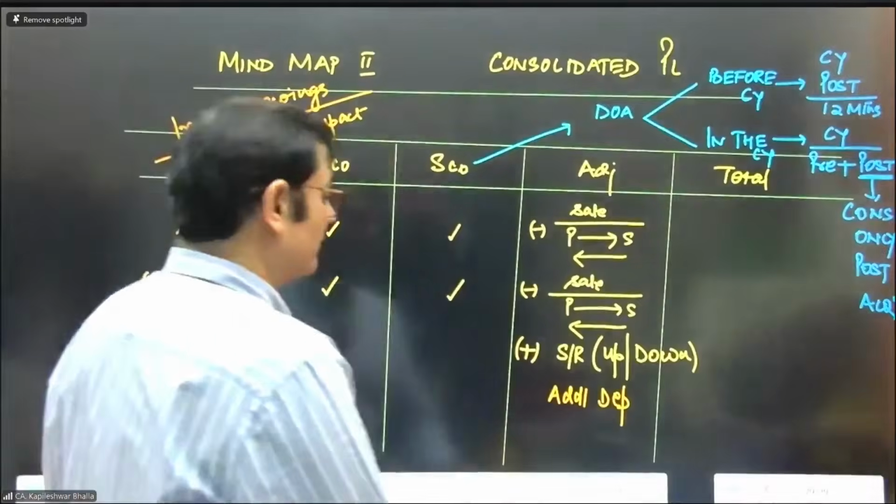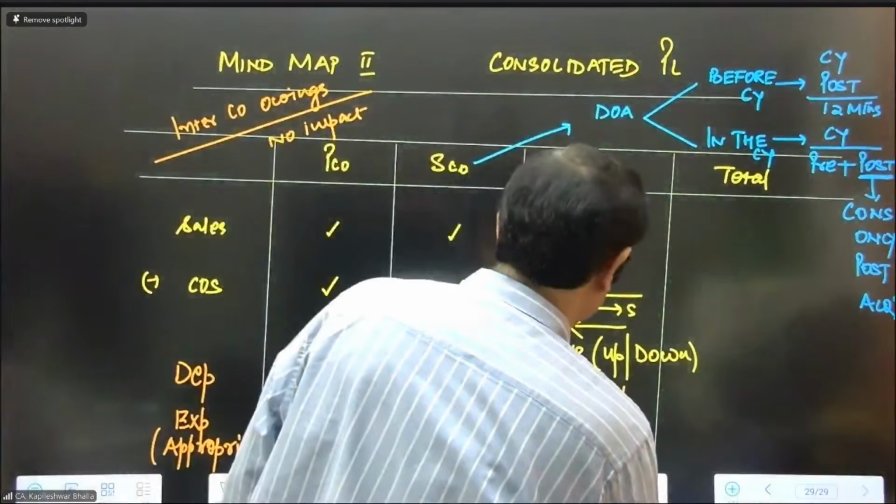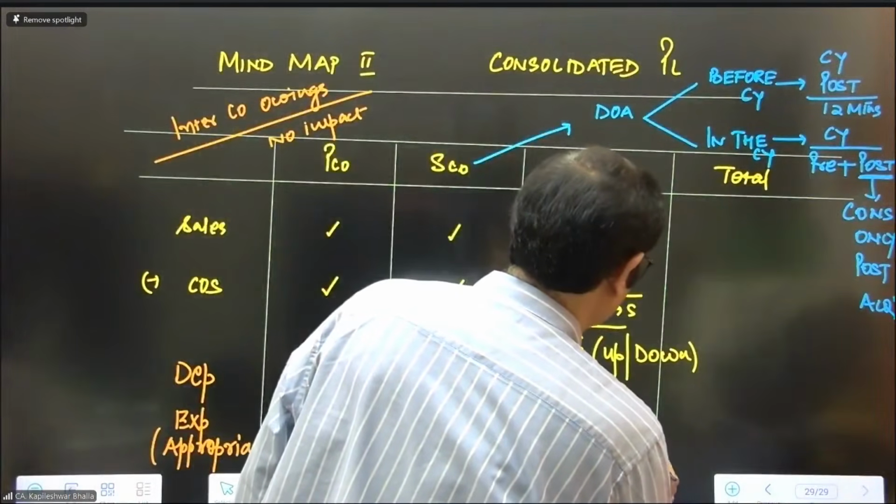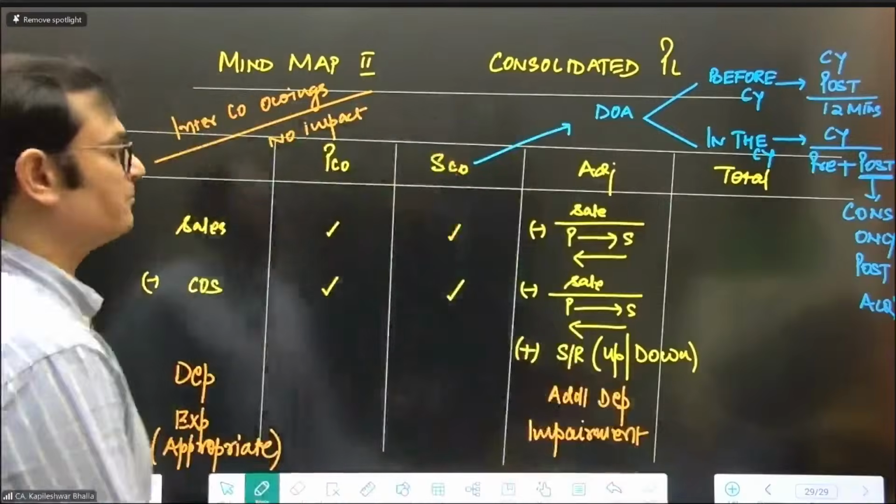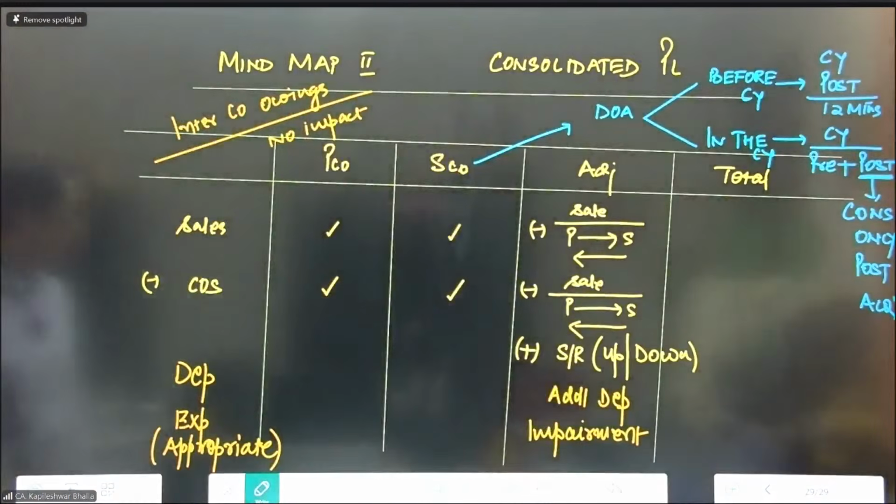Similarly, when you consider the impairment, take the impairment as a part of the appropriate expense. So I think all four adjustments are taken care of.